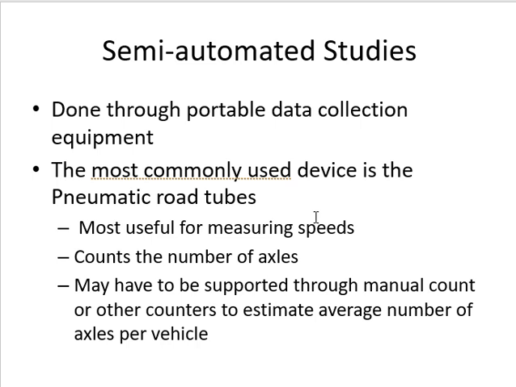Not the whole time, a short manual study. Maybe the actual study is 24 hours, the short manual study can be for few minutes. It's enough. Why do we do it? Because the road tube is giving us axles and we want number of cars or vehicles. So to do this conversion, I need this manual study.